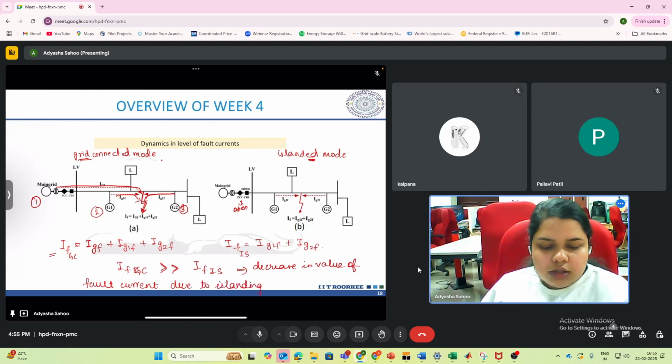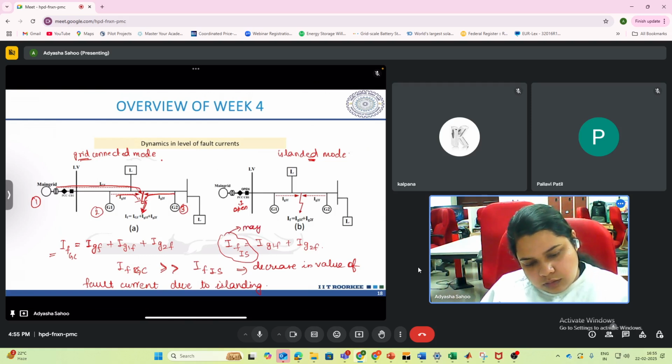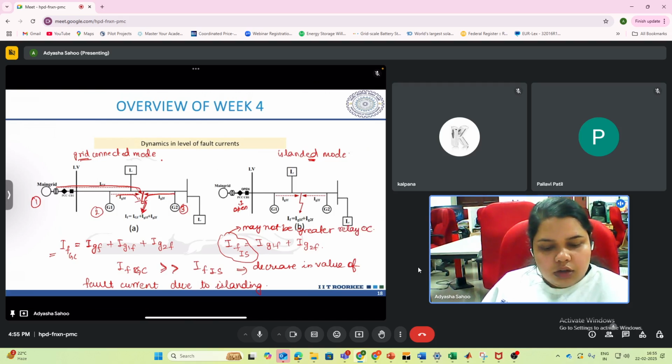Due to this decreased value, the fault current IAF may not be greater than the relay operating current threshold. So even if there is a fault, the relay will see a lower value of fault current, so it will not operate even if there is a fault taking place. So this is one mal-operation, that is dynamics and level of fault current.